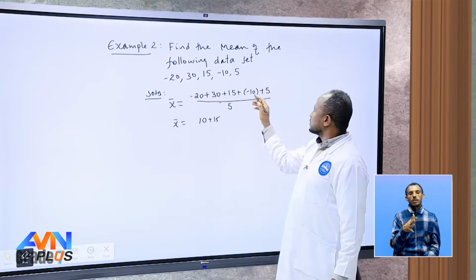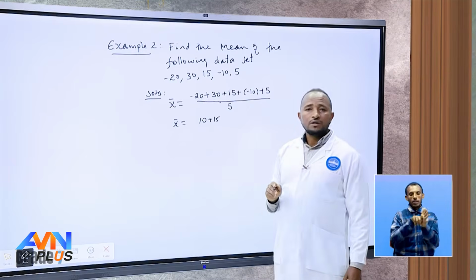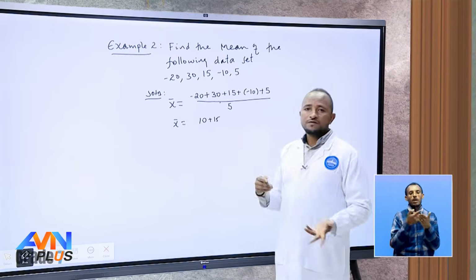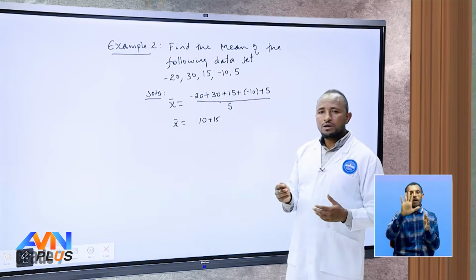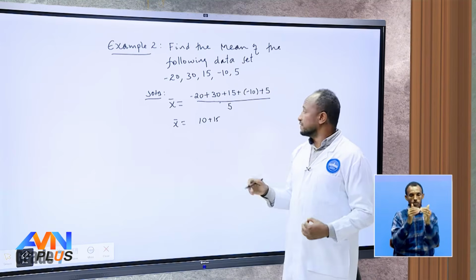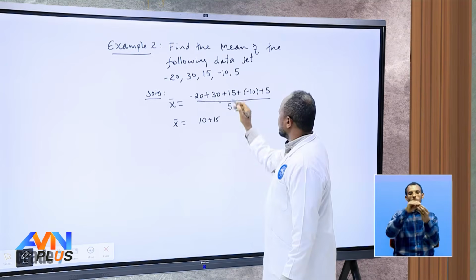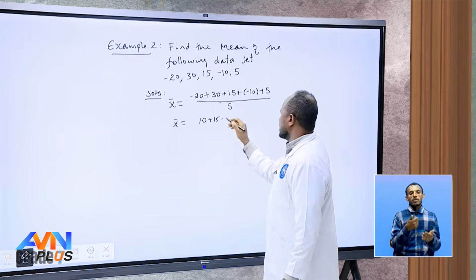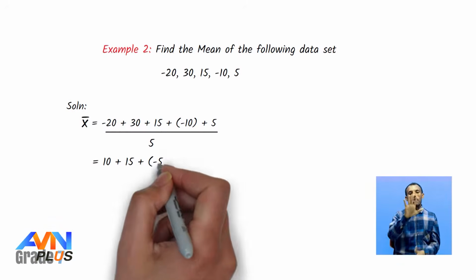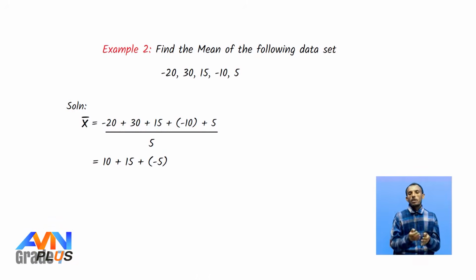Let's add these two again, negative 10 and 5. Here you have 10 negatives and 5 positive, so the sum will be 5 negatives. Therefore, the sum of these two is 10, this is 15, and the sum of these two is negative 5. So let's divide this by 5.